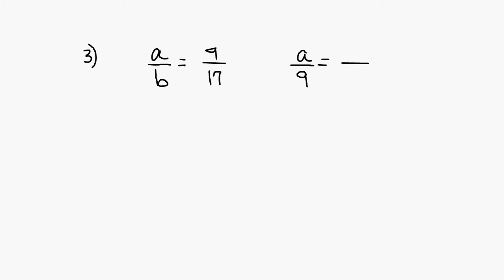A over B equals 9 over 17, and they're saying complete this proportion. Now you've got A over 9. Didn't they switch these two? Yeah. They took the 9 and put it where the B was. So if they do that, you have to take the B and put it where the 9 was. So the B goes here. 17 still stays on the bottom. So those are two equivalent proportions.